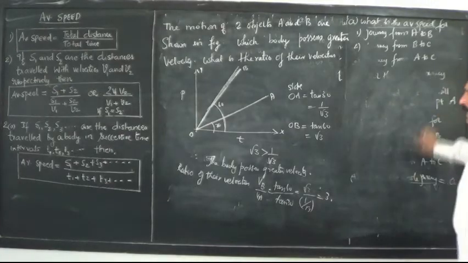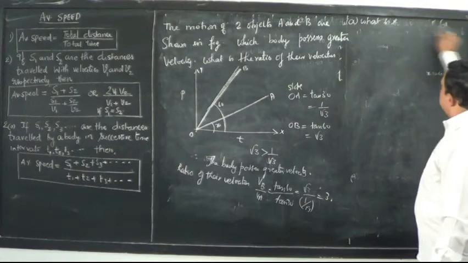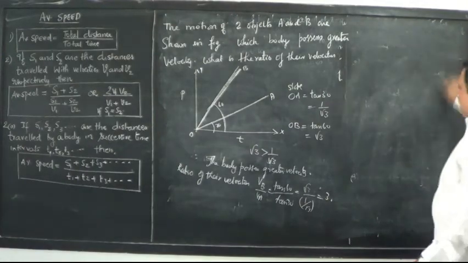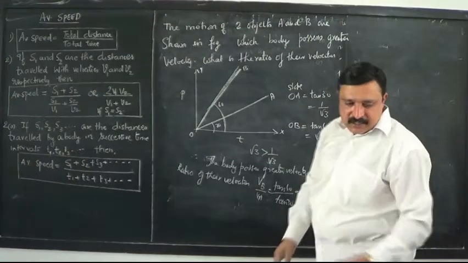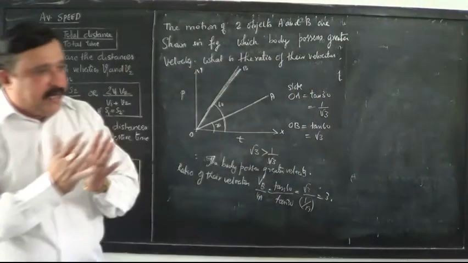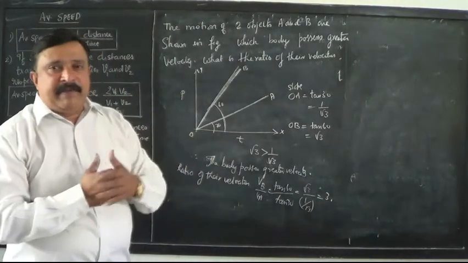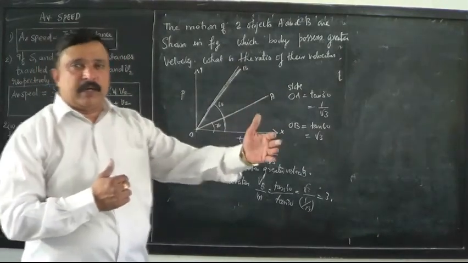We will take up more problems in the next class. But to summarize what we have learned, I would like to remind you of the difference between average velocity and average speed. While calculating the average speed, we take the total distance by total time.